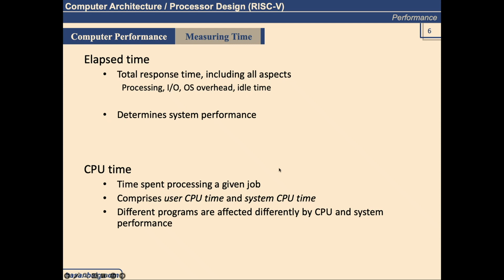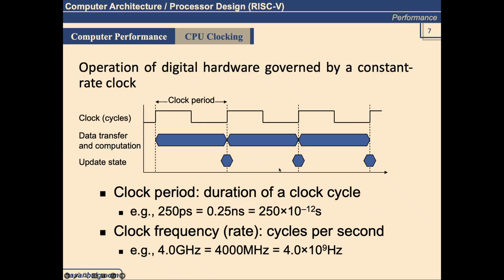So just a quick recap of what we discussed last time. A clock period is the duration of the clock cycle. It would be given to you in terms of seconds, and you can represent that. So this 250 picoseconds can be represented in this form. You just move the decimal point and you can represent it like 0.25 nanoseconds.